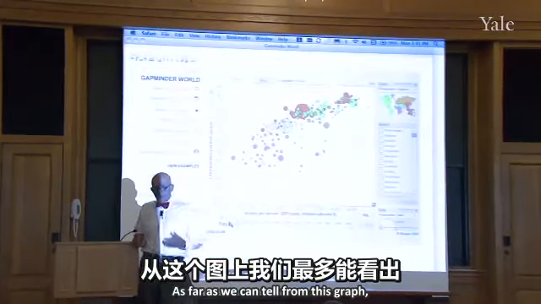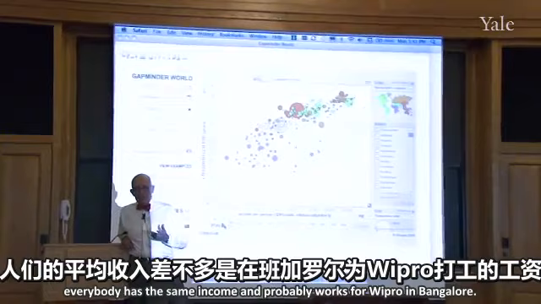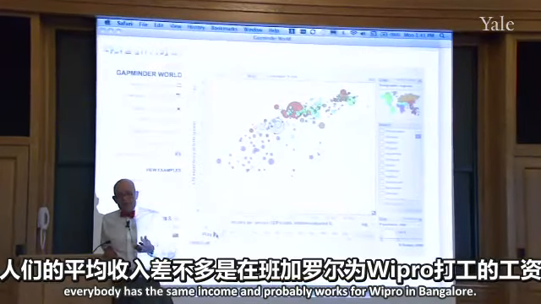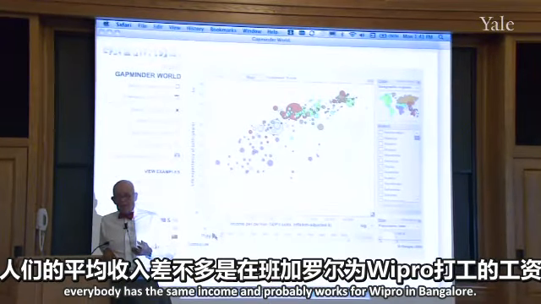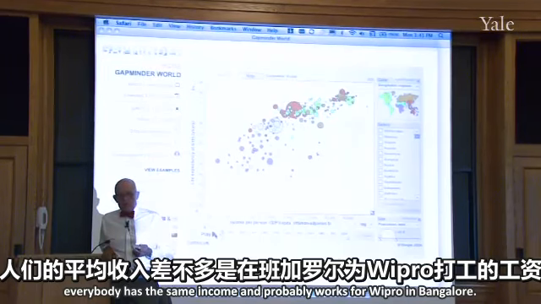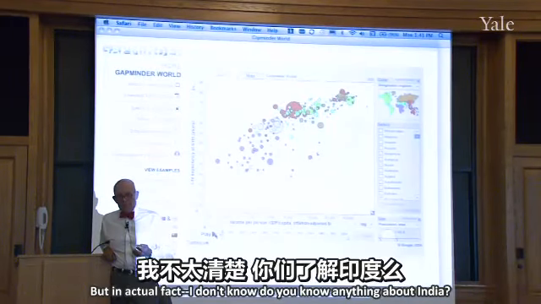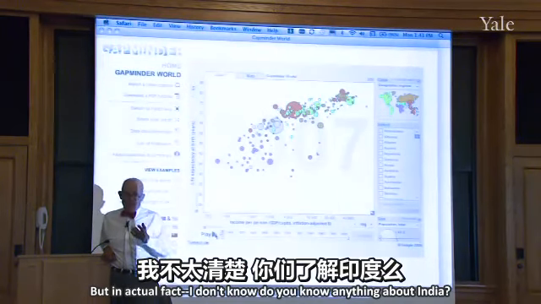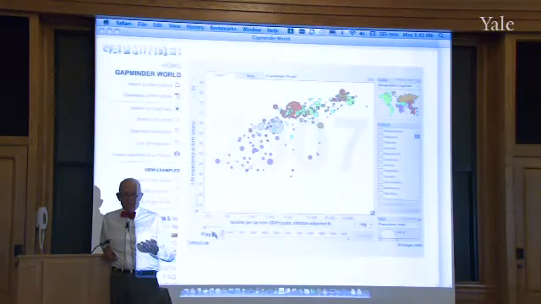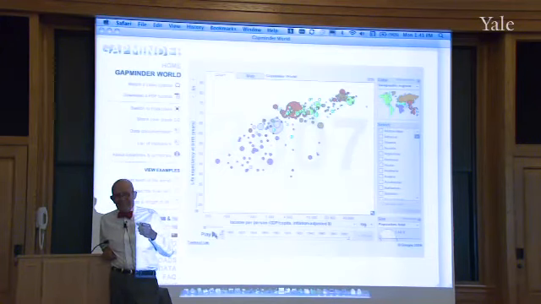As far as we can tell from this graph, everybody has the same income and probably works for Wipro in Bangalore. But in actual fact, do you know anything about India? I'd say the values are more of the average.